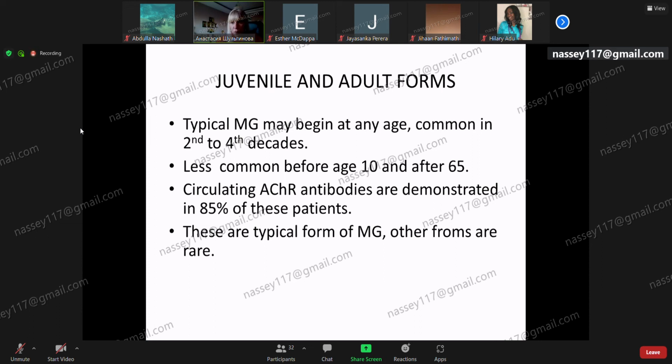This is the typical form of myasthenia gravis and other forms are rare. Those forms are seen in a much higher percentage, and you will have much more information about this form and will discuss it in much more detail in your classes.